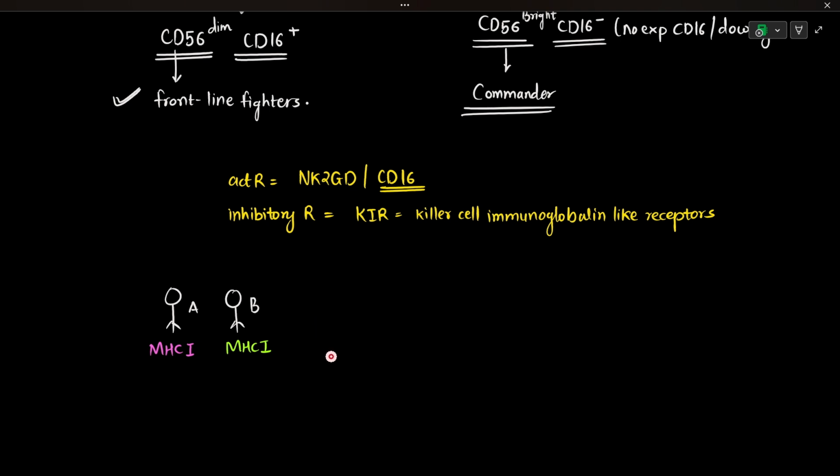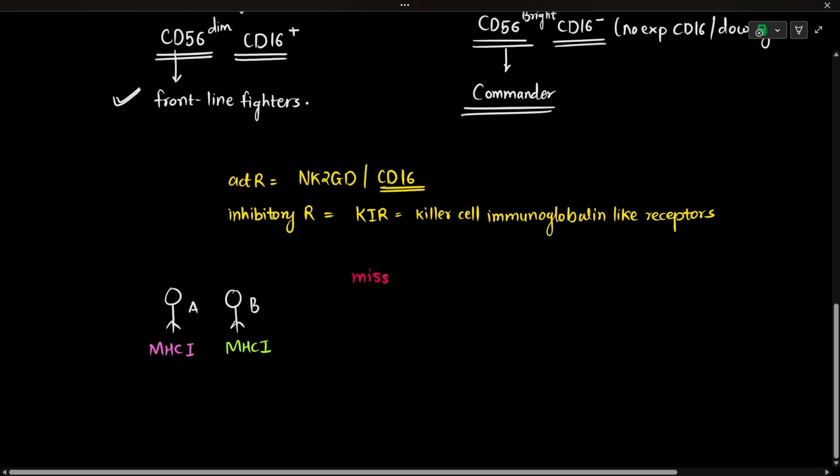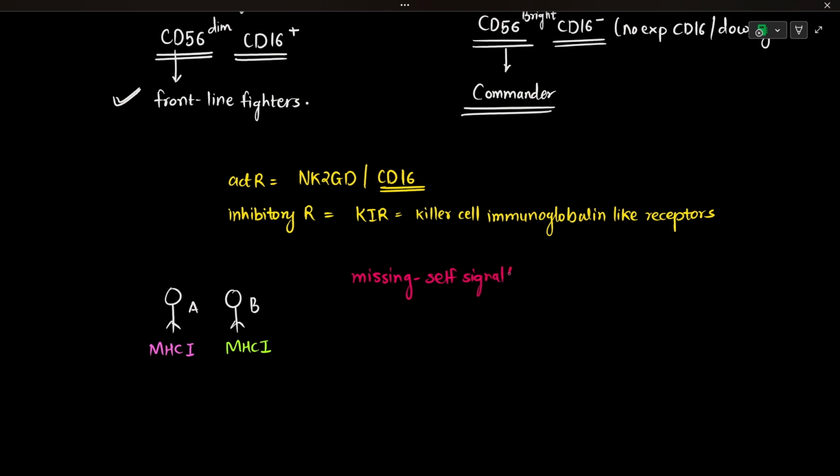So the signal that is read by natural killer cells is referred to as the missing self signal, or missing self recognition. I'll explain why it is referred to as missing self signal.